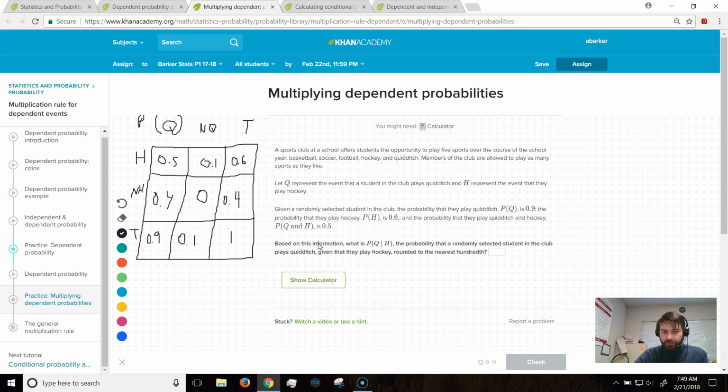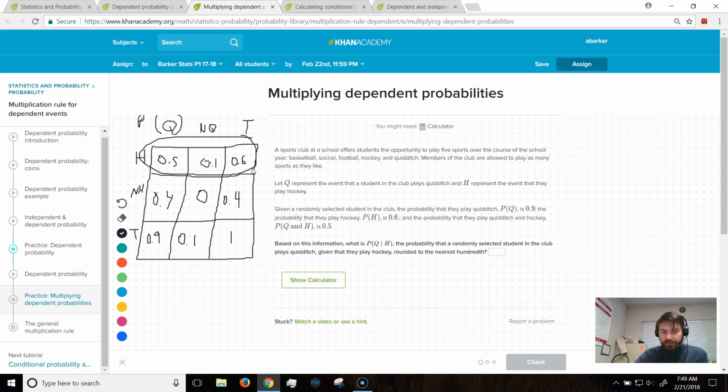So they want to say, based on this information, what is the probability of Q given H? Given H is a condition, so we're only going to be looking at H, only at this row. So it's Q given H: the probability that a randomly selected student in the club plays Quidditch, given that the student plays hockey.